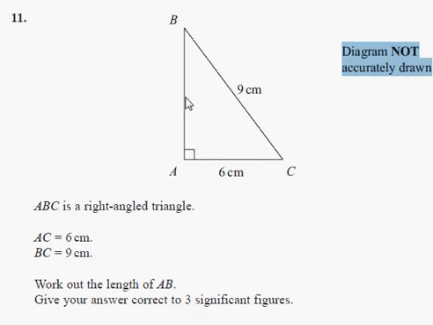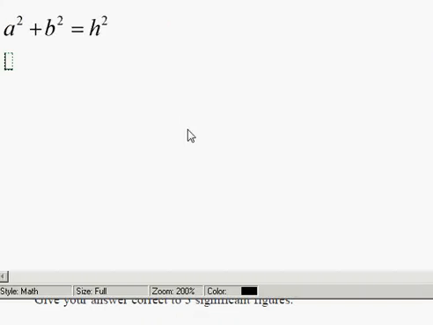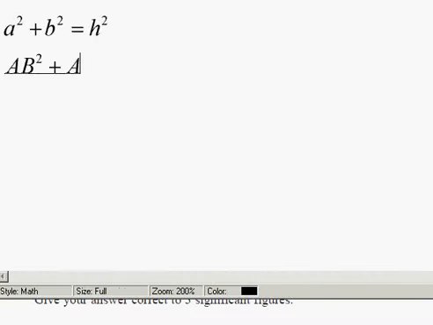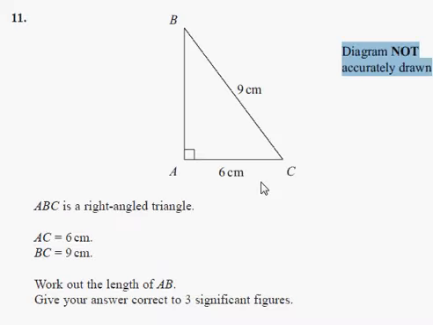So my side A, I'm going to call AB because that's what it's down here, AB. So AB squared plus the side AC squared. So I could write AC squared, but actually I know the length of AC, it's 6 centimeters.